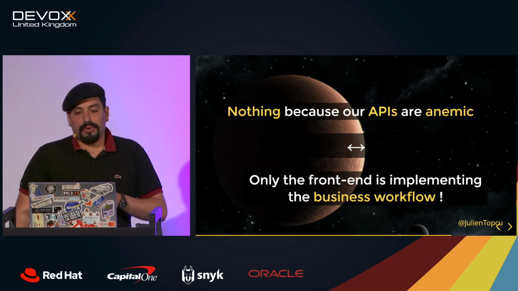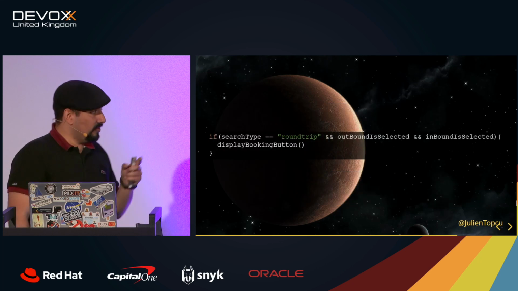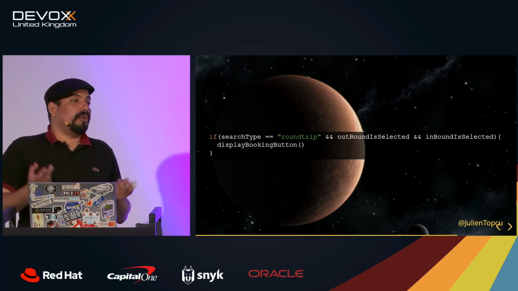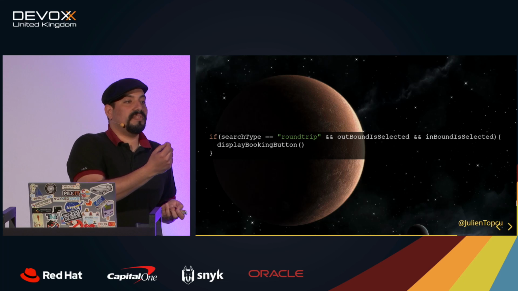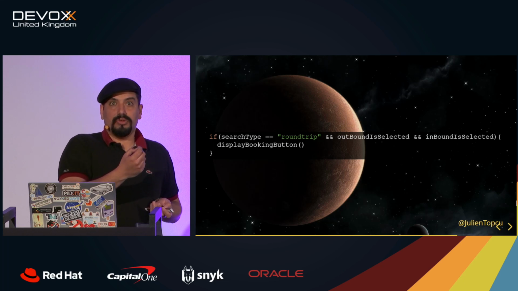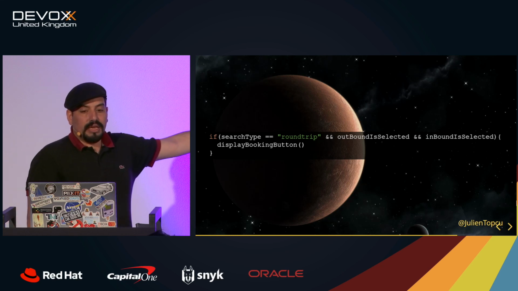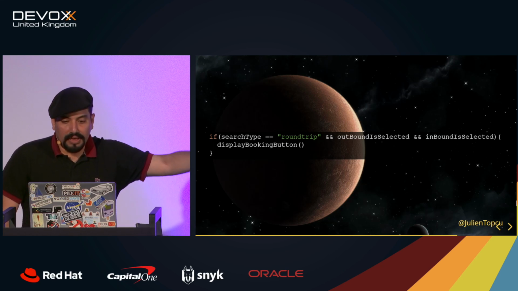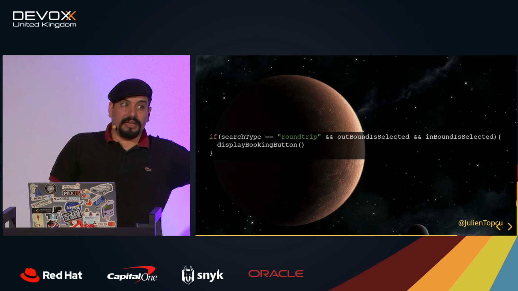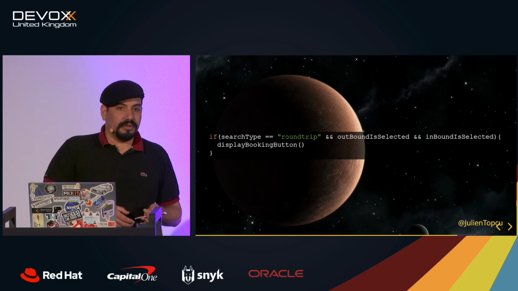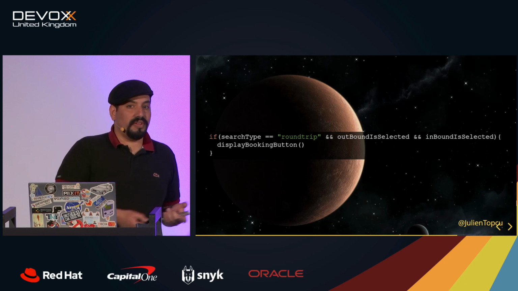I have another example of that. If I want to display the booking button, I have to implement the business logic of what it means to be able to book a trip. For example, here, if my search is a round trip, I will try to verify that the outbound is selected and the inbound is selected. But that's business logic, so it's still on the front end.